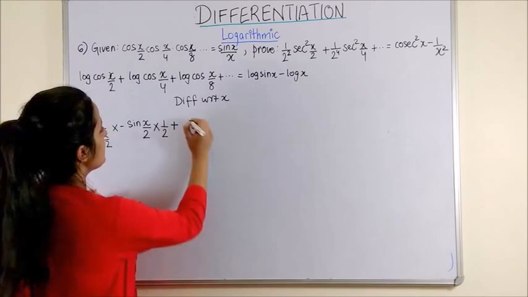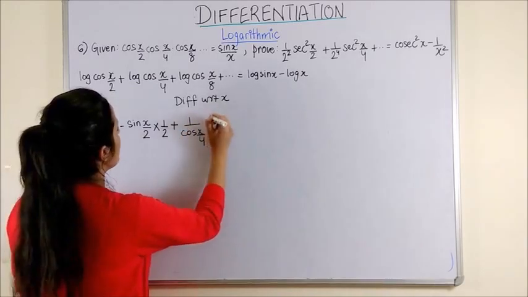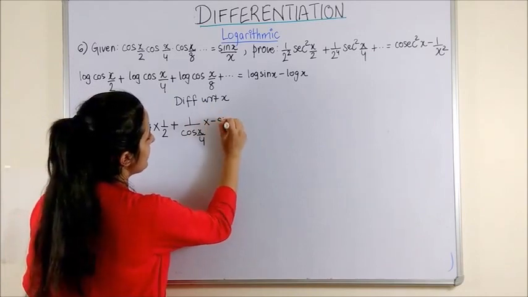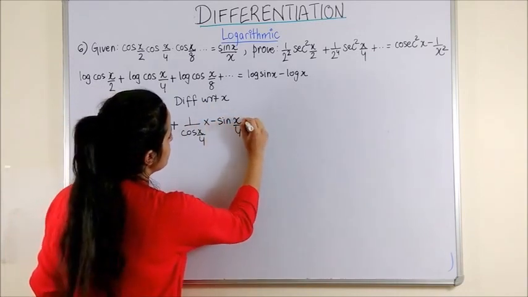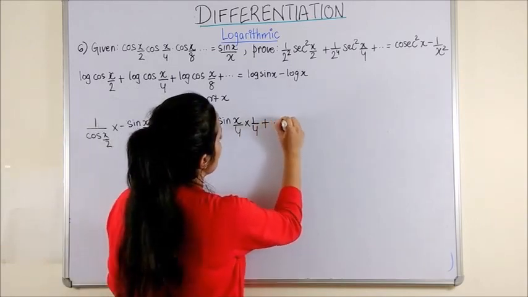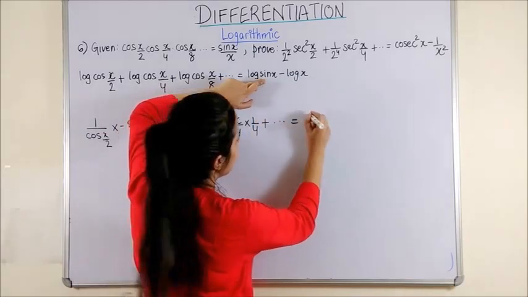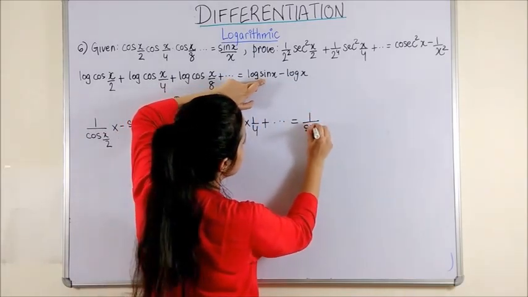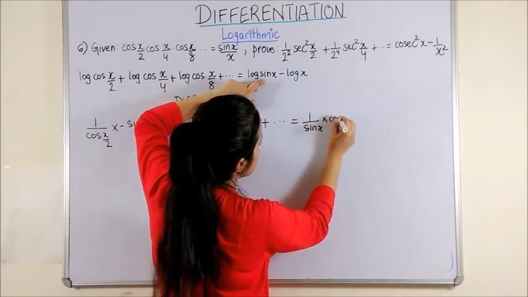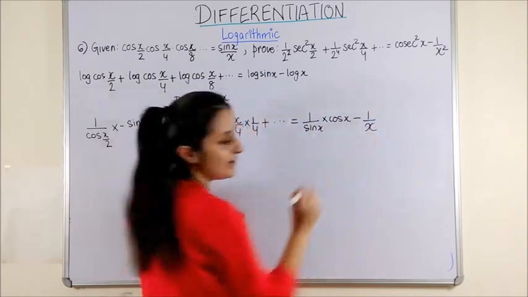Likewise, the next term gives us 1 upon cos x by 4 into minus sin x by 4 into 1 by 4, plus so on and so forth. The right side gives us log of sin x as 1 by sin x into cos x, and for log x, the derivative is 1 by x.